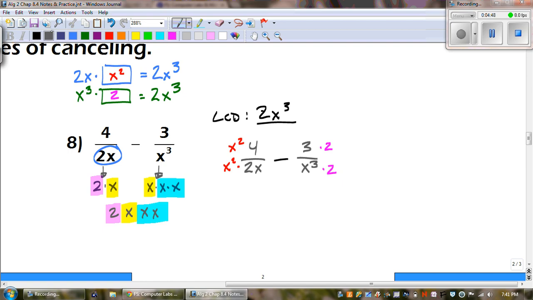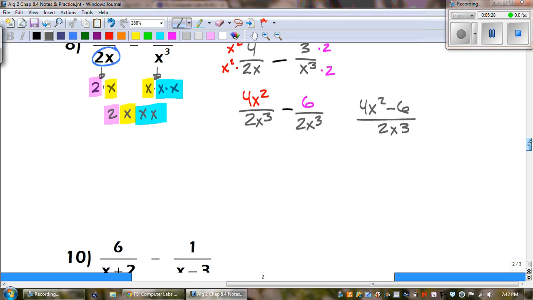So what we have now is 4x squared over 2x cubed minus, and then we multiply the top, we get 6 over 2x cubed. So what that turns to is 4x squared minus 6 all over 2x cubed.